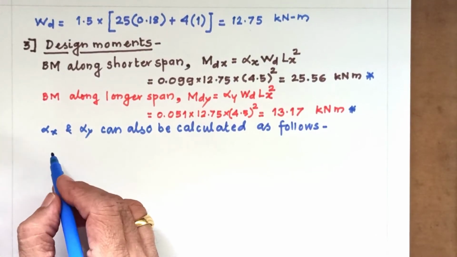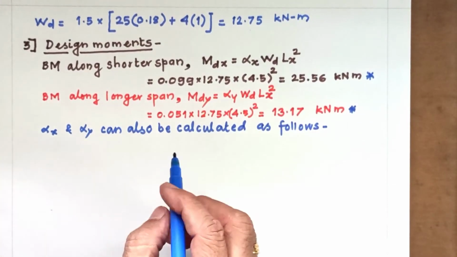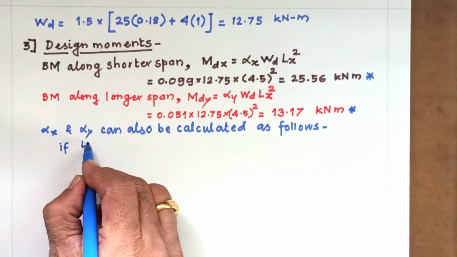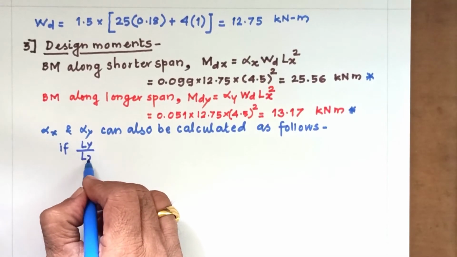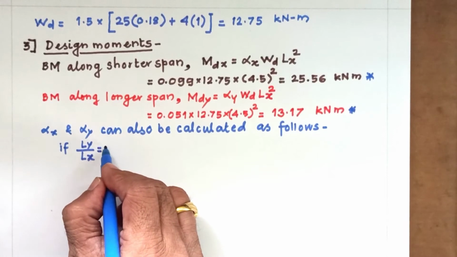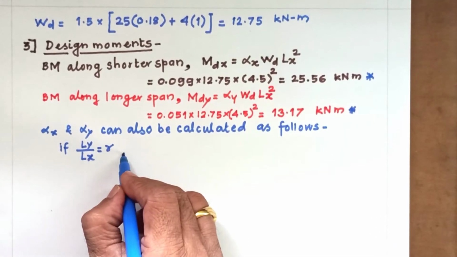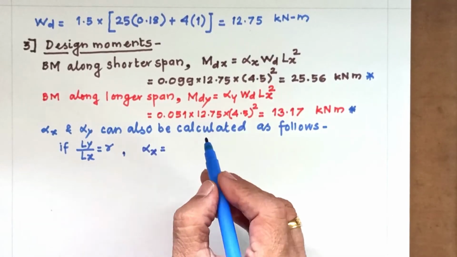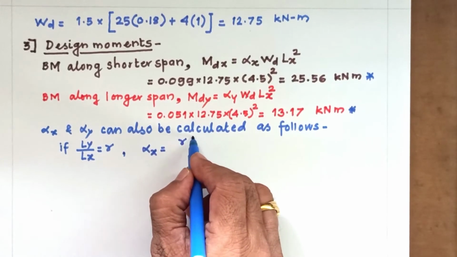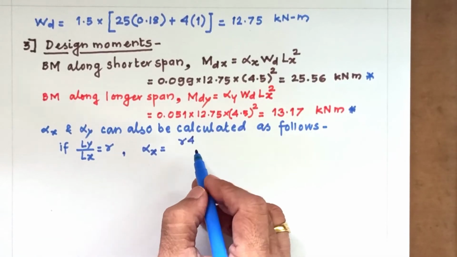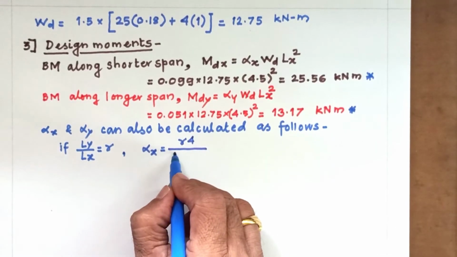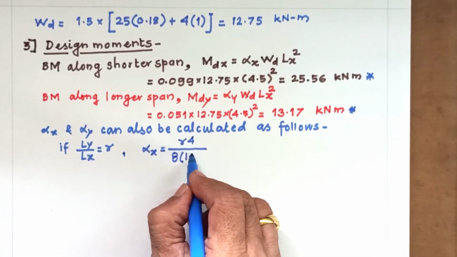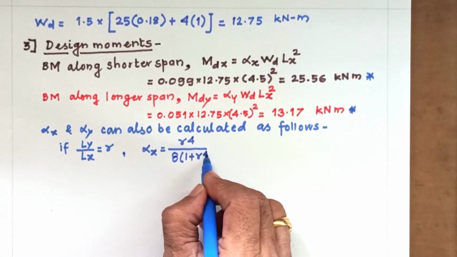Okay. So what is the formula for alpha x? If I say Ly upon Lx is equal to r, then alpha x is equal to r raised to 4 upon 8 into bracket 1 plus r raised to 4.